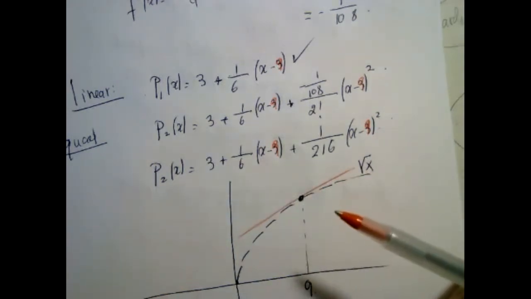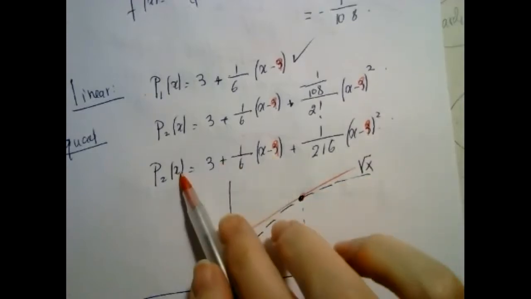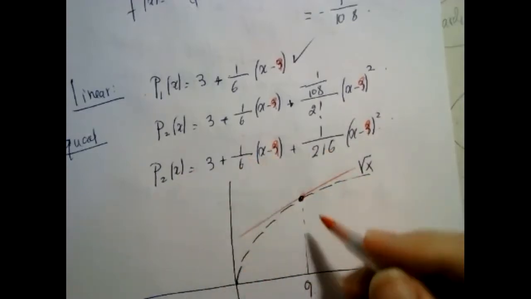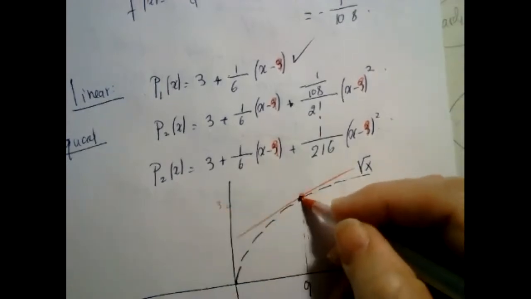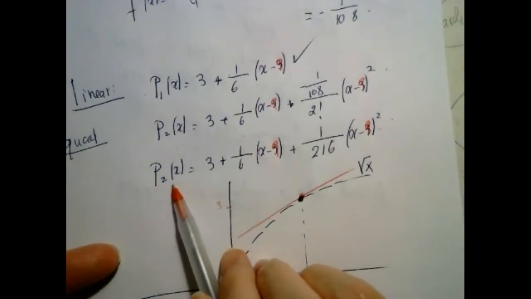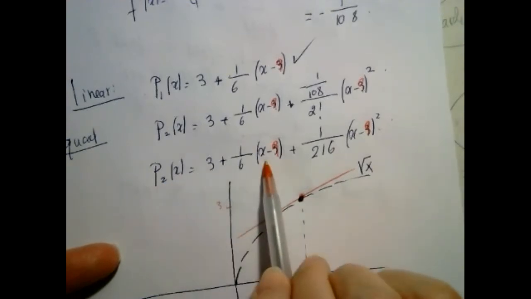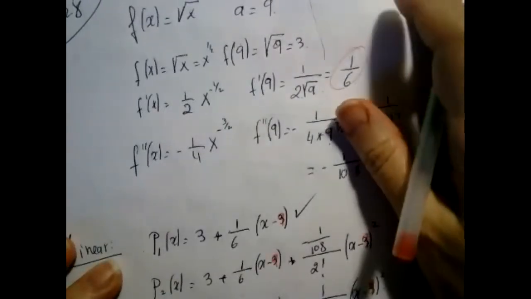P2, the only thing we should know about it is that at 9, if I plug in 9 in here, I will get exactly 3. This is the point 9, 3. So the value at 9 is the same as the value of the function. The second property it has is that if I find the derivative of the second polynomial at 9, I will get exactly the derivative of the original function at 9, which is 1 over 6.